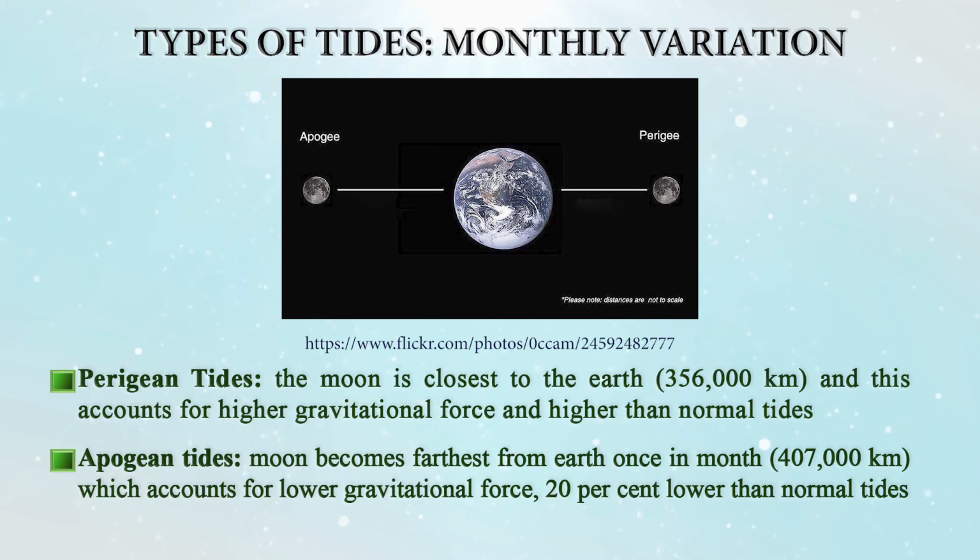Due to this there is a higher gravitational force when the moon is nearest to the earth, and we experience perigean tides, which are about 15 to 20% higher than the normal tides. When the moon is farthest from the earth, we experience apogean tides, which are about 20% lower than the normal tides.